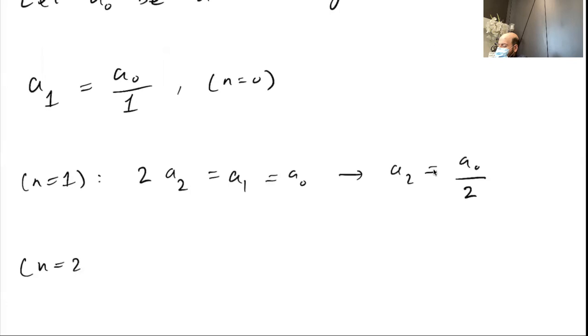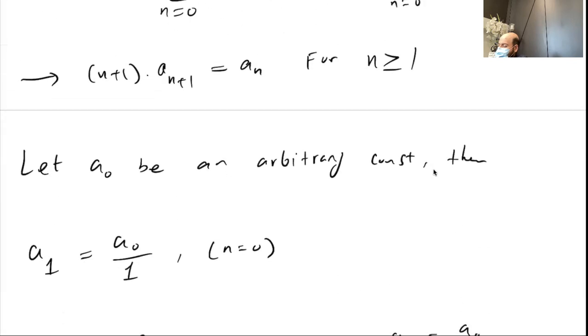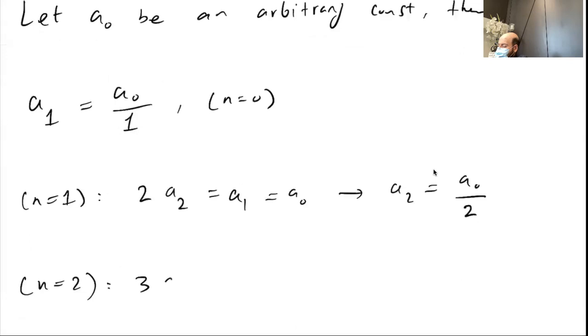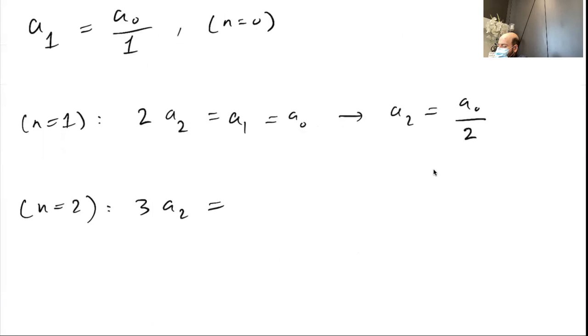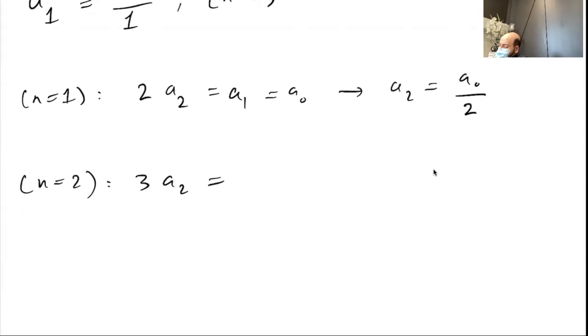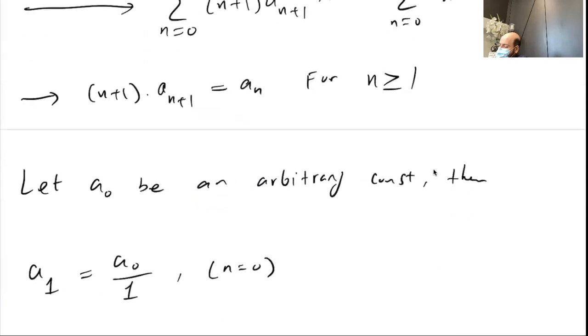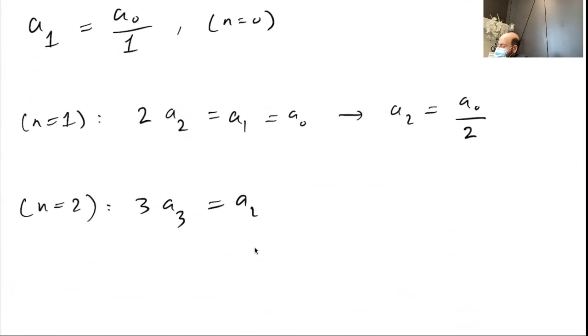Now if I replace n with 2 in this equation, I'll have 3a3 equals a2. So a3 will be a2 over 3, but a2 was a0 over 2.